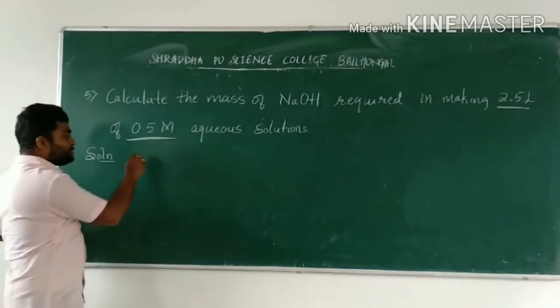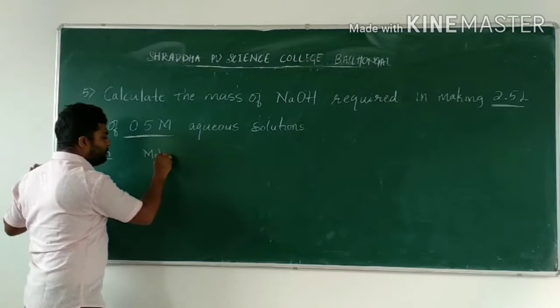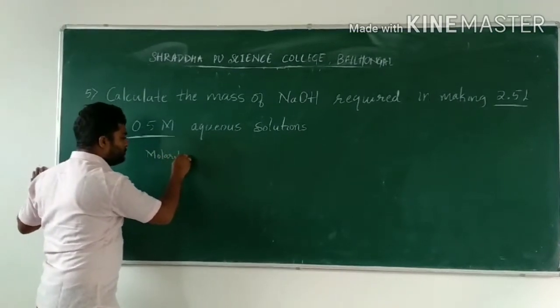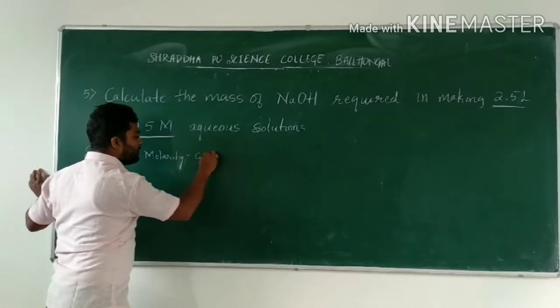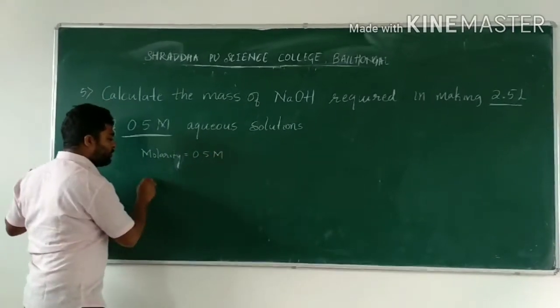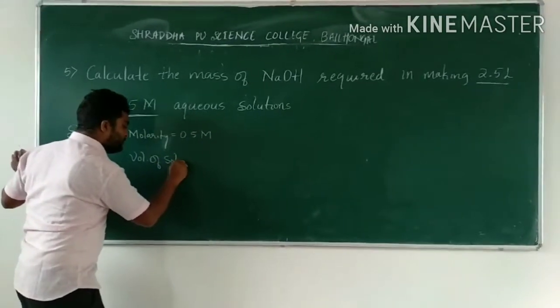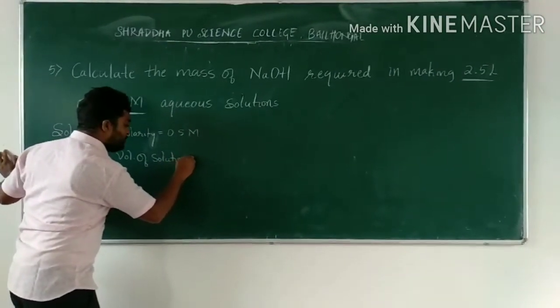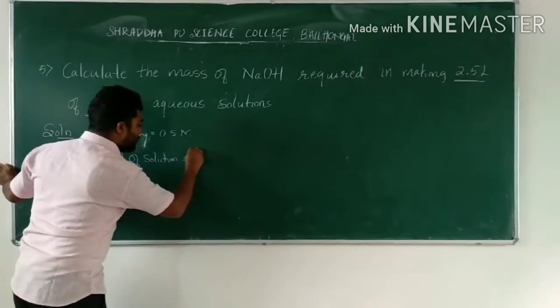Now, in this problem, they have already given you the molarity, which is 0.05 M, and the volume of the solution, which is given as 2.5 liters.